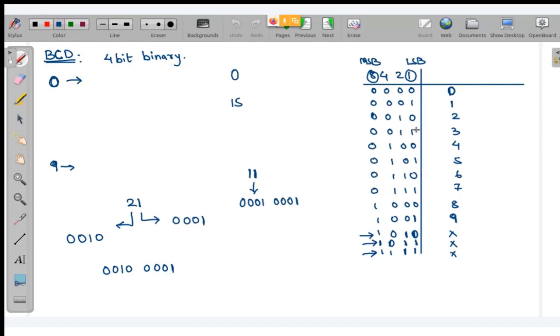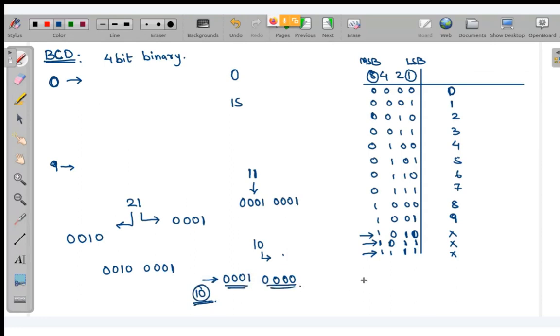Any doubts? I didn't get that don't care thing. See, don't cares are those conditions which do not occur. Like in BCD, I told you 10 is an invalid number. In BCD, 10 would be represented as 0001 0000, because each digit is represented with its 4-bit equivalent.